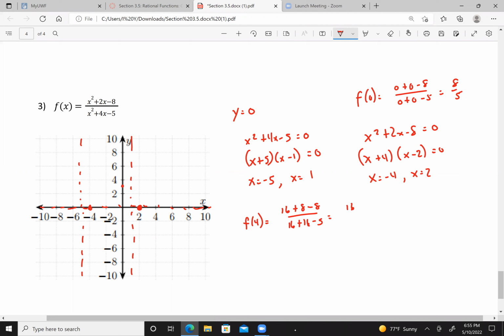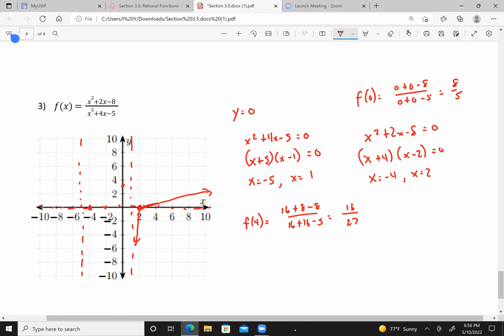This is 16 over 27. That's nasty. That's a little more than a half. This is here. So I'm looking at something like this. So I have these 2 points.